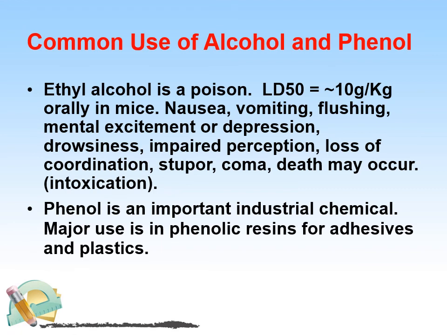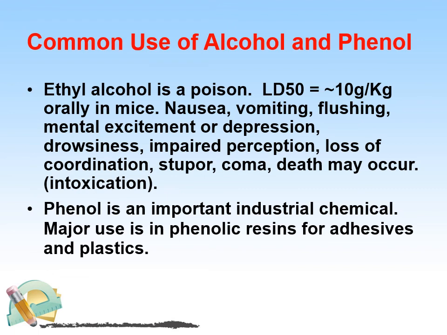So before doing experiments on mice in the biology lab, they would use ethanol to kill the mouse. And what will happen if it is inhaled by a human, in case of an accident? It will cause nausea, vomiting, flushing, mental excitement, depression, drowsiness, impaired perception, and so on. It's really a toxic compound.